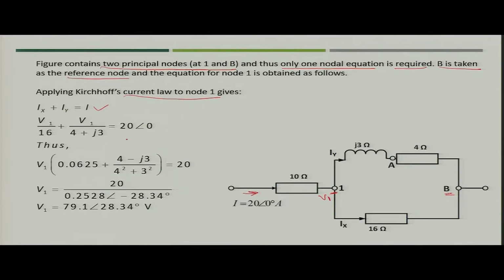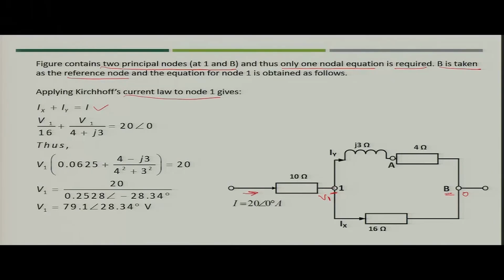You have to write the values of currents in terms of node voltages. So, for IX, what is the value? That is basically the node you have already taken as a reference node. So, the IX would be V1 divided by the 16 ohm resistance. So, V1 by 16 is IX.